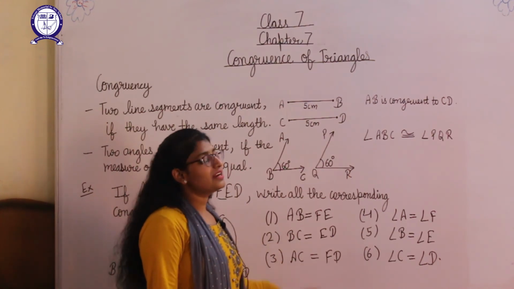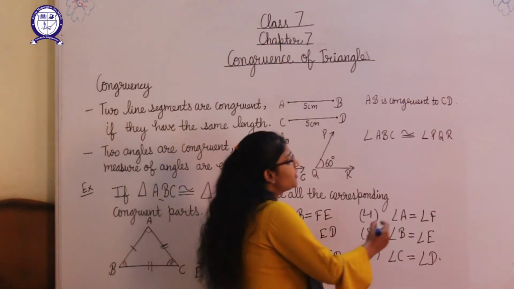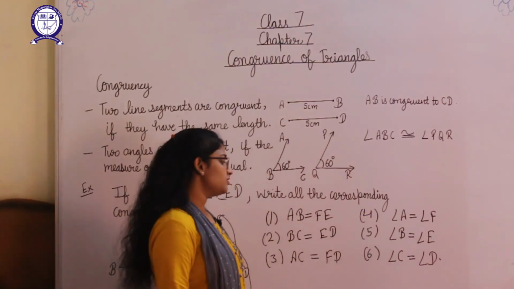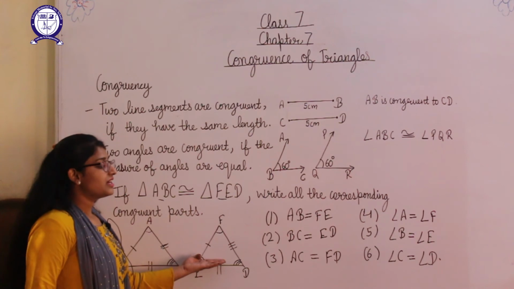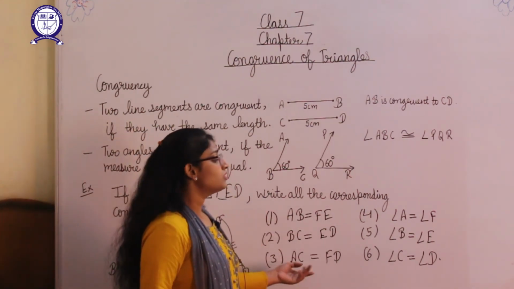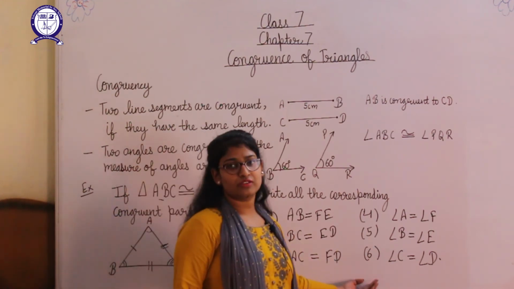Now students, here are some congruency criteria for triangles to prove that the triangles are congruent. We will not use all 6 parts always.